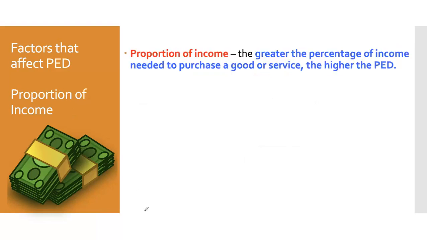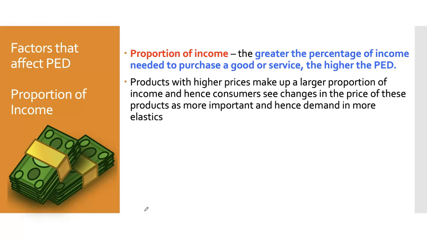The proportion of income is important. The higher the percentage of income needed to purchase a good or service, the higher the price elasticity of demand. Products with high prices make up a larger proportion of income, and hence consumers will see the changes in these prices as more important, and the demand will be more elastic.